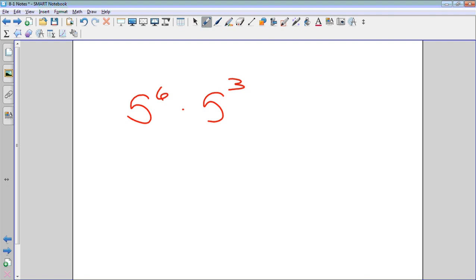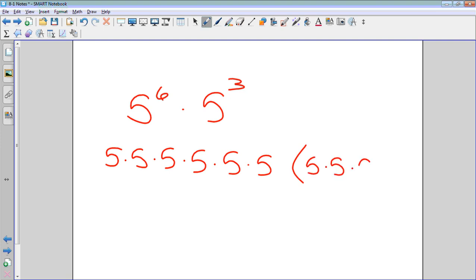Why does it work that I can add the exponents? Well, what is 5 to the 6th? 5 times 5 times 5 times 5 times 5 times 5. 1, 2, 3, 4, 5, 6, right? What's 5 cubed? 5, 5, 5.